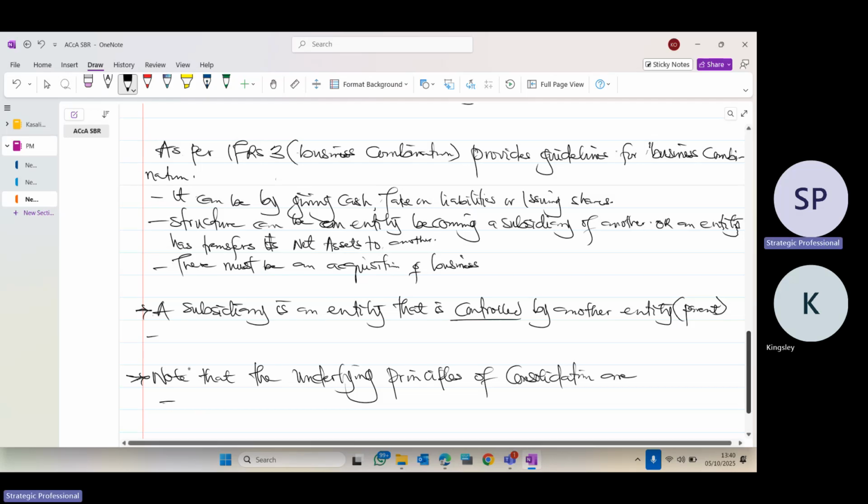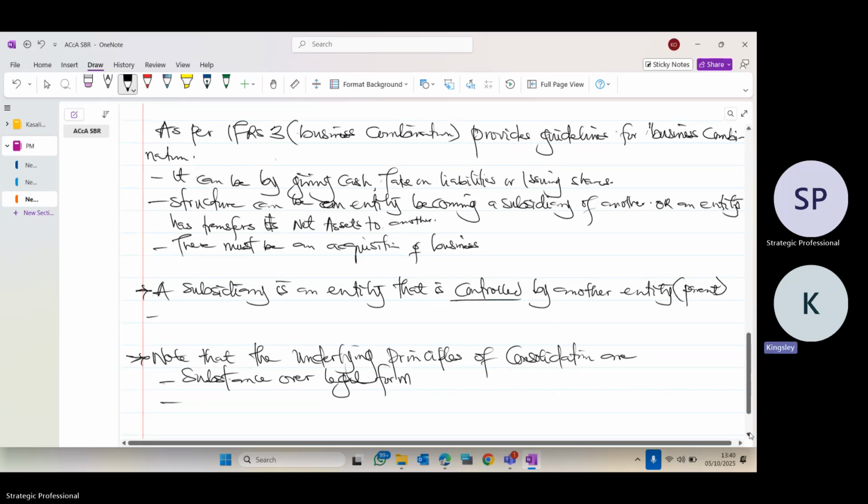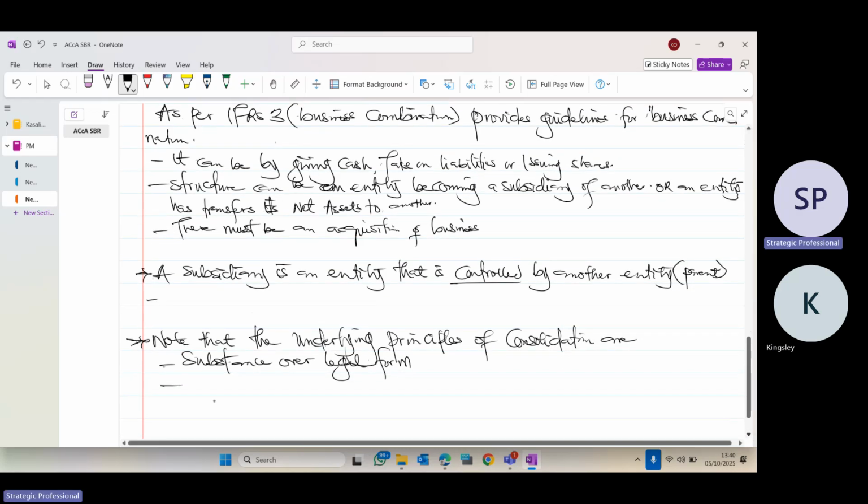One, we have what we call substance over form. Do you remember substance over form? This was discussed in the last class. I wasn't in the last class. Okay. Also, there is control and ownership. So what do we understand by substance over legal form?